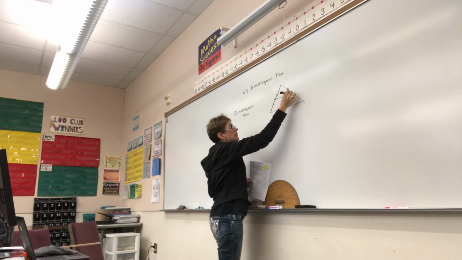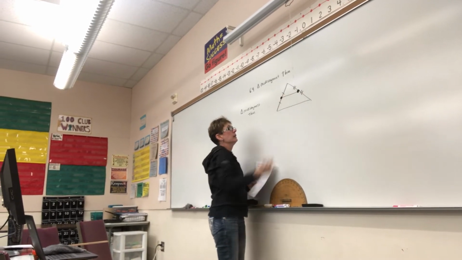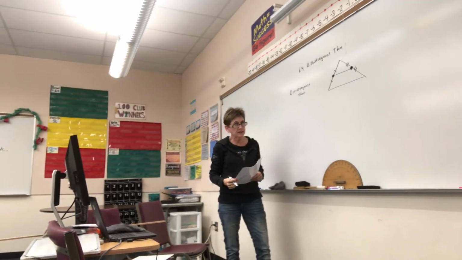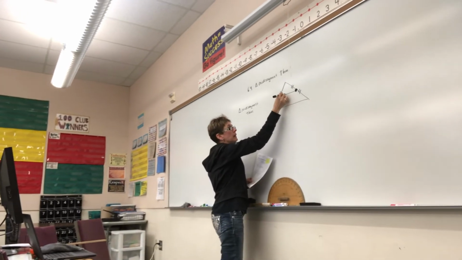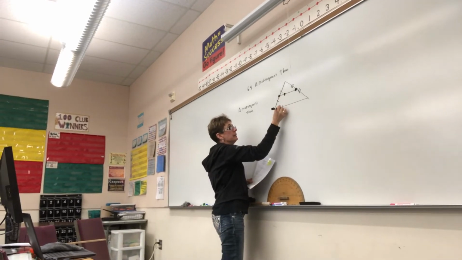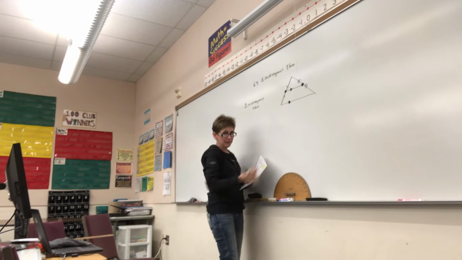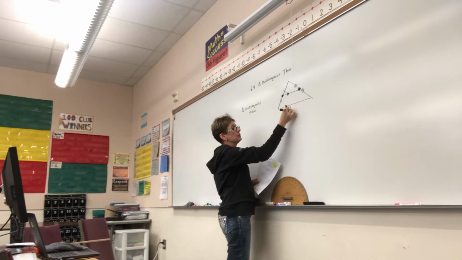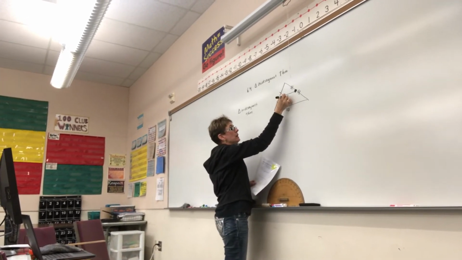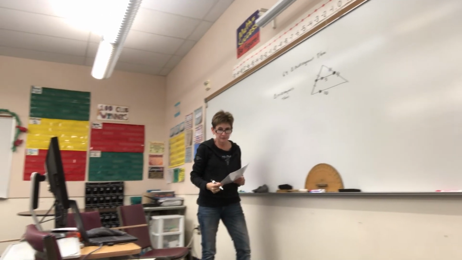When I connect those 2 points, I end up with the mid-segment, which will be parallel to the third side and also half the length of the third side. So if this third side is 10, for example, the mid-segment would be 5.